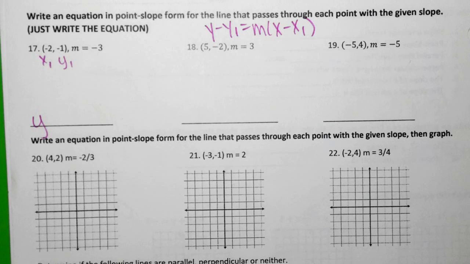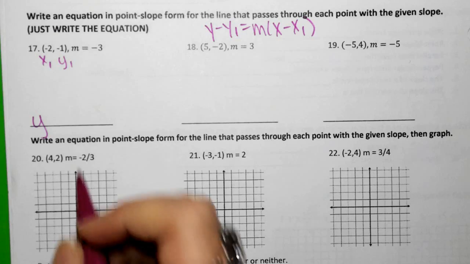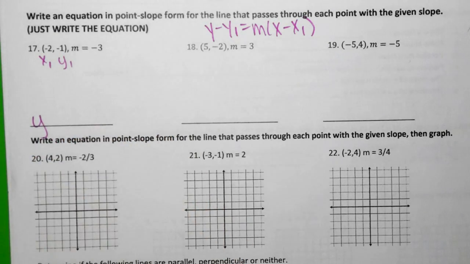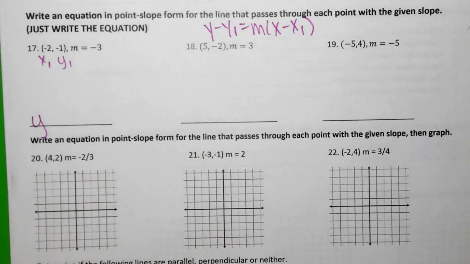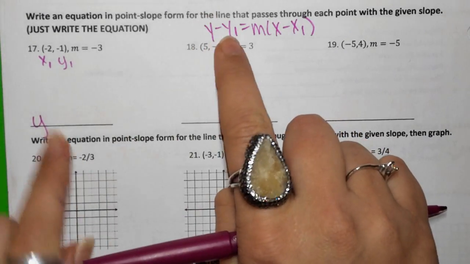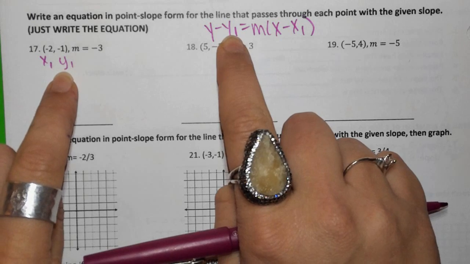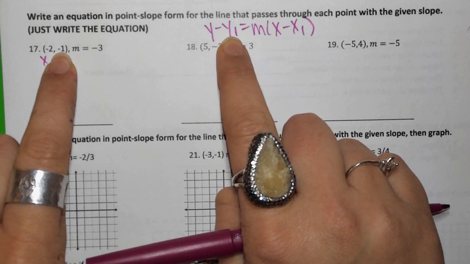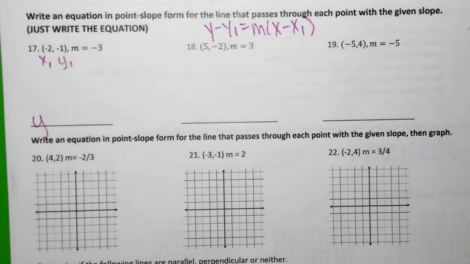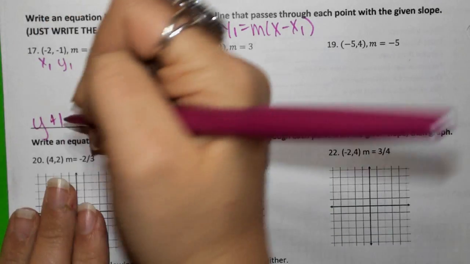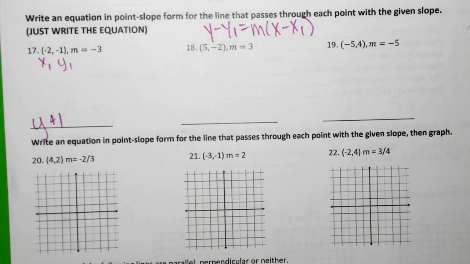Baby, the formula is y minus y1. So what is y1? Negative 1. So minus a negative, two negatives make a plus. Y plus 1. Okay, you earned that point.